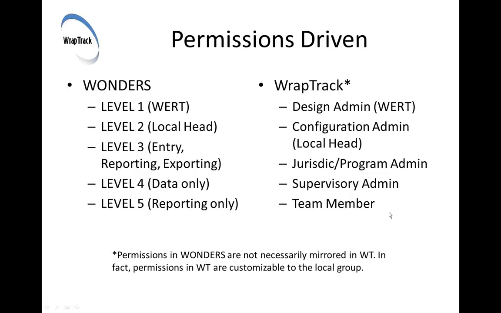The important thing to note, though, is that it's sort of all three of these levels. If you wanted them to, and this is probably not advisable, a jurisdictional program administrator, a supervisory administrator, and a team member could all have these same exact permissions. Again, not recommended, but if you wanted to do that, you could in WrapTrack, and that's one of the things we want to point out, that it's very customizable.